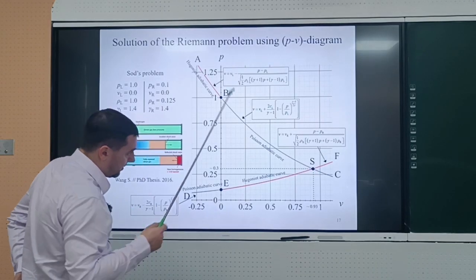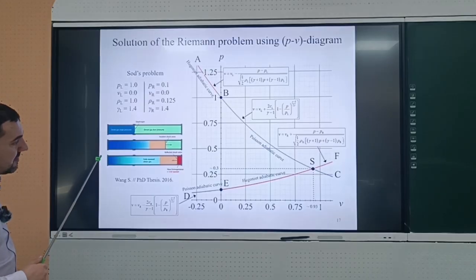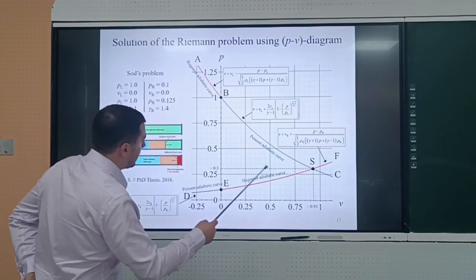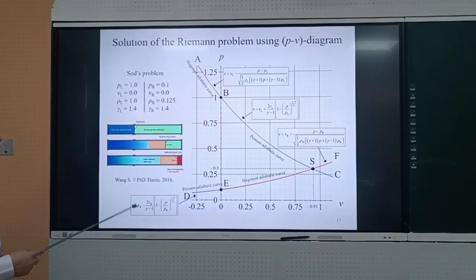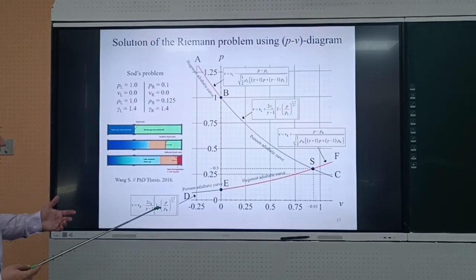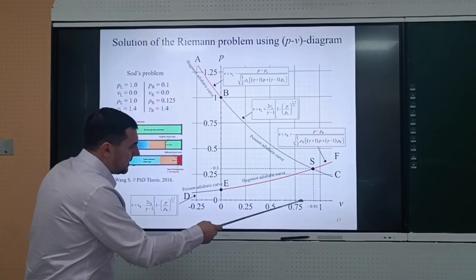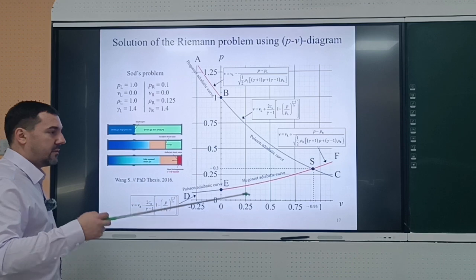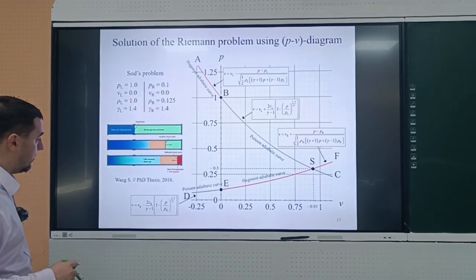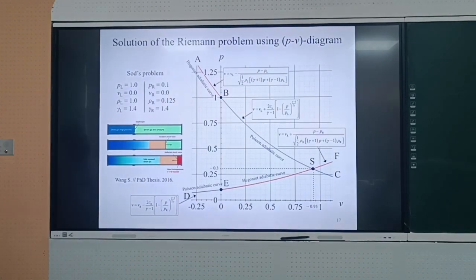Remember this value, and the pressure will be about 0.3. And actually, this is a solution, but what does it mean? It's VC and PC, velocity at the contact discontinuity and pressure at the contact discontinuity. So this is the first main result in consideration of this picture.